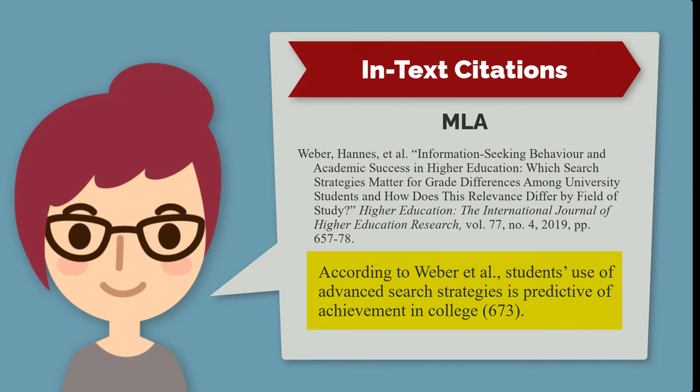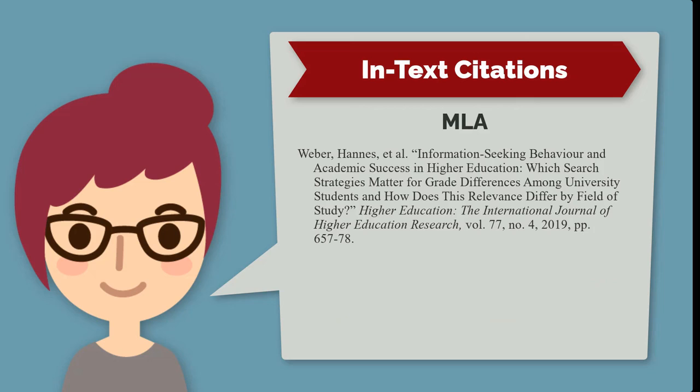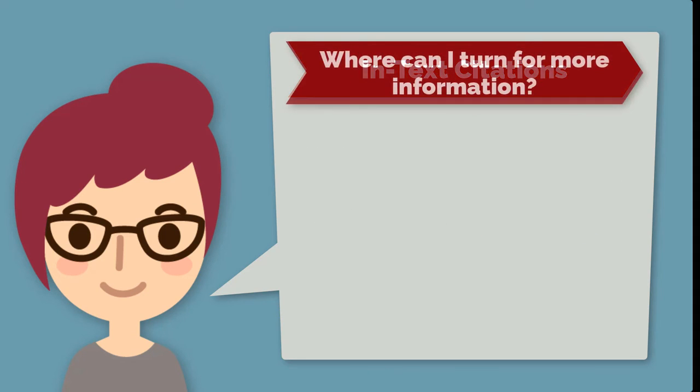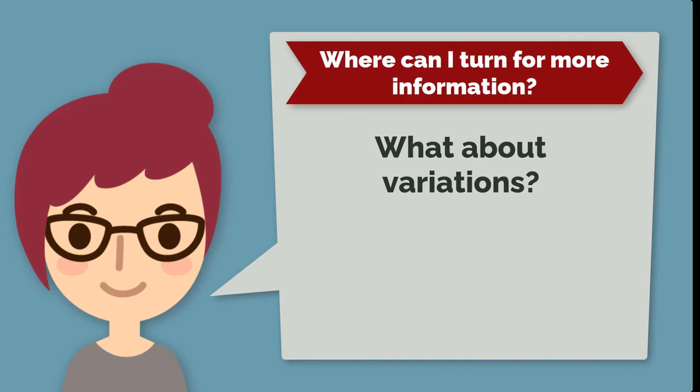According to Weber et al., students' use of advanced search strategies is predictive of achievement in college. 673. If we didn't introduce the author as part of the sentence, it would look like this. Some studies have shown that students' use of advanced search strategies is predictive of achievement in college. Weber et al. 673.